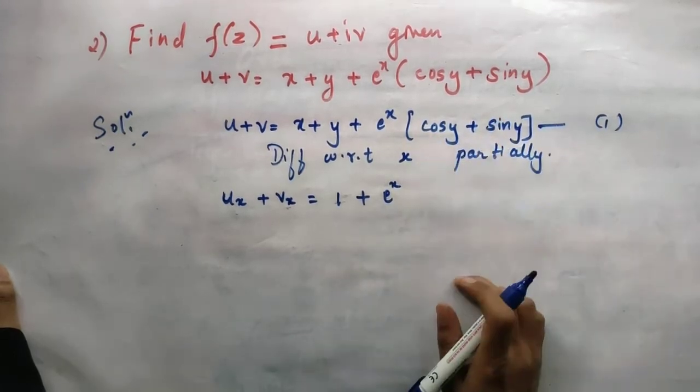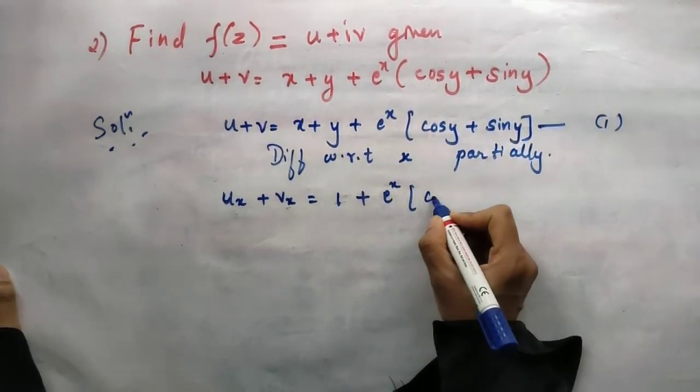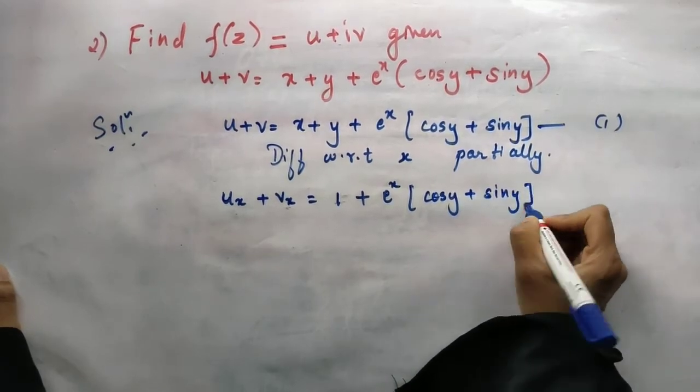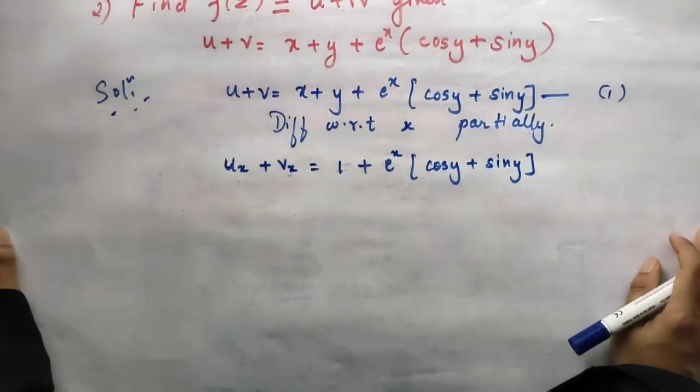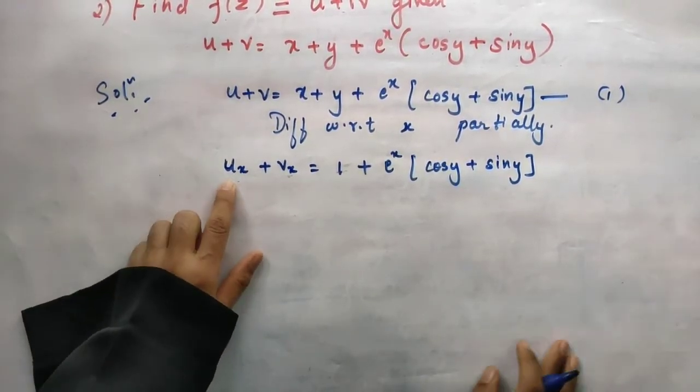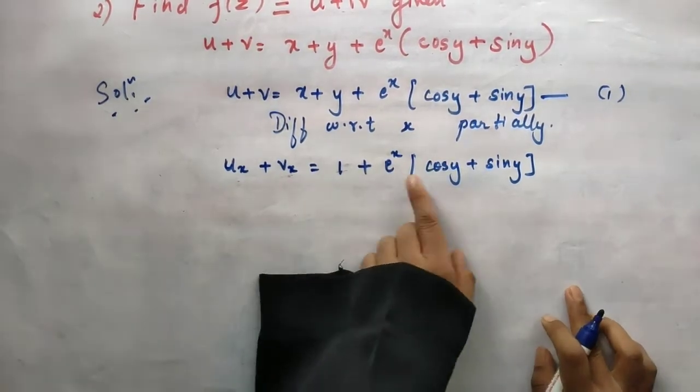The bracket terms are independent of x, so they are treated as constant because we are differentiating with respect to x partially. So u_x + v_x is equal to 1 + e^x (cos y + sin y).